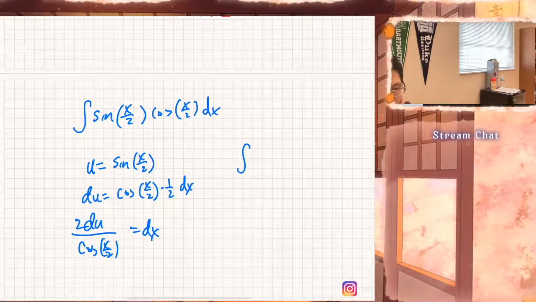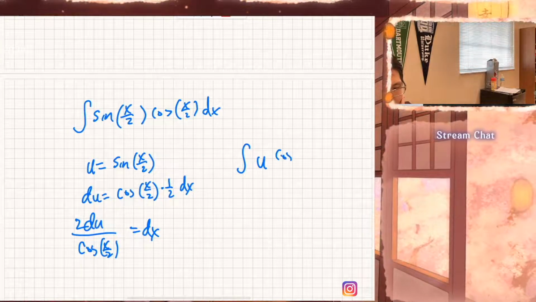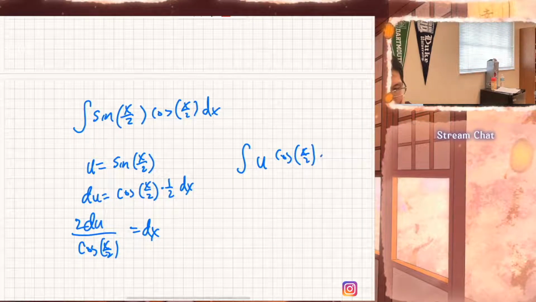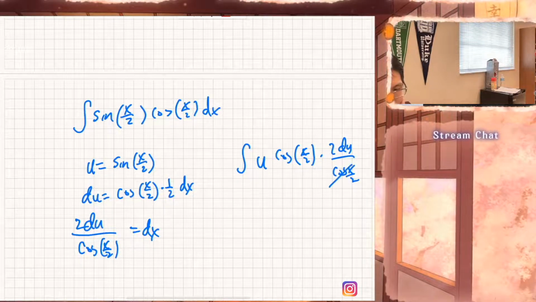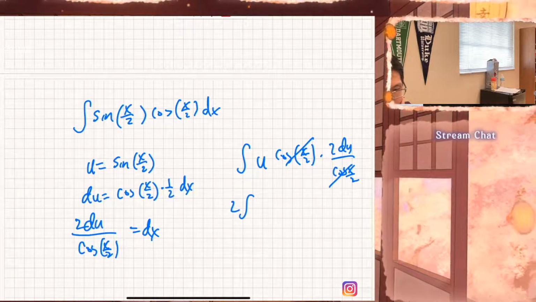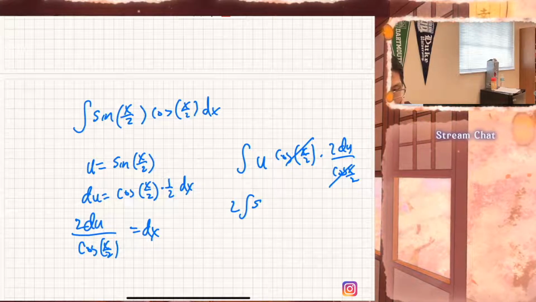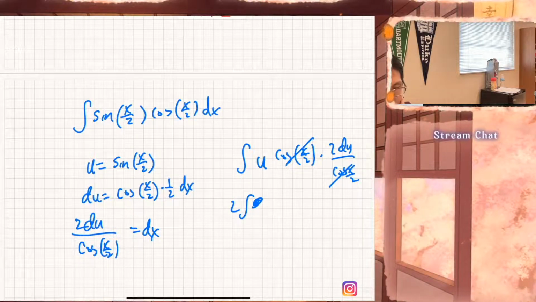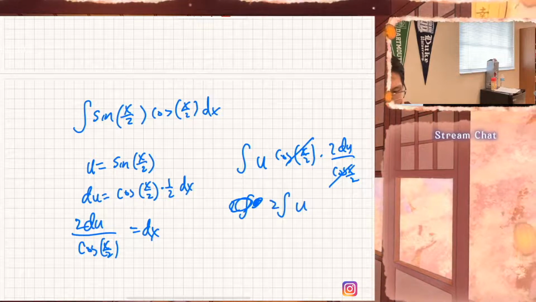So therefore, it's the integration of u cosine of x over 2 times 2 du over cosine of x over 2, and they cancel out pretty nicely. So integration of sine of, it's just u, which is sine of x over 2, integration of u du.